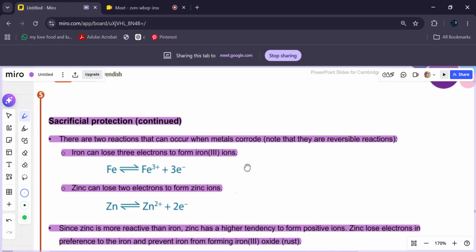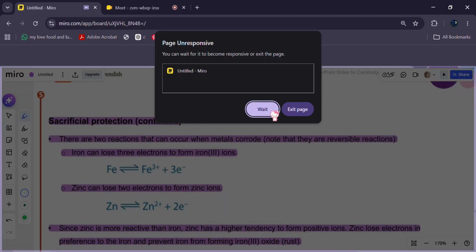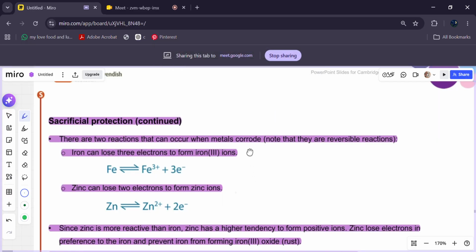Since zinc is more reactive than iron, zinc has a higher tendency to form positive ions. Zinc loses electrons in preference to the iron and prevents iron from forming iron(III) oxide, rust. You can see in the formula, zinc loses 2 electrons to form zinc ions, while iron loses 3.